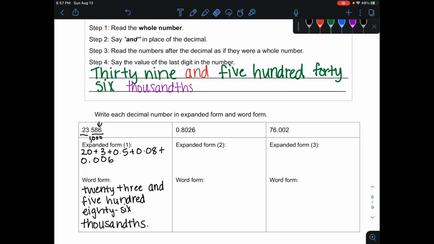All right, so with this number 0.8026, we are to write it into expanded form the second way. So we are going to write it as fractions. Since we don't have a 0 in this place, that will be fine.